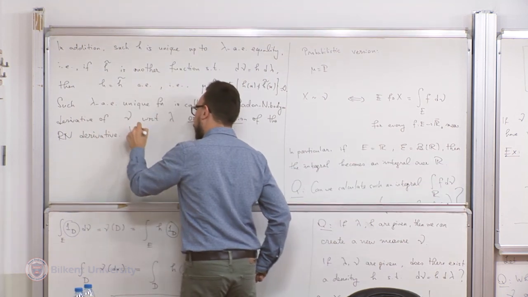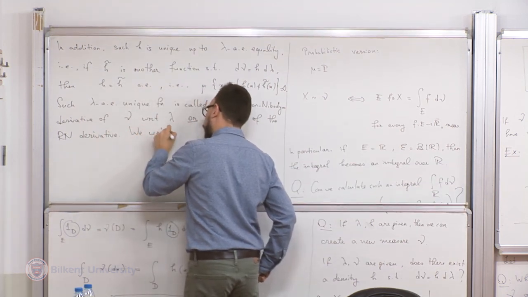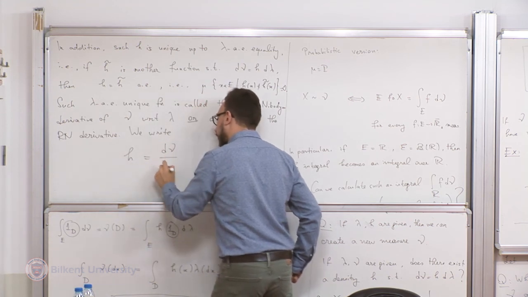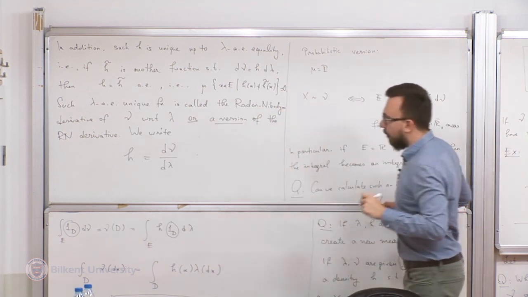So we write h is d nu d lambda for each such version.